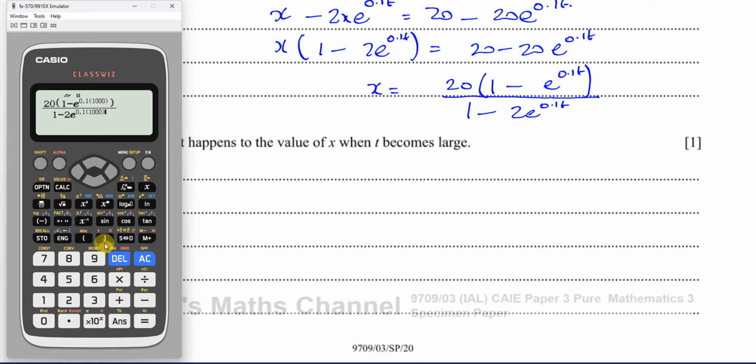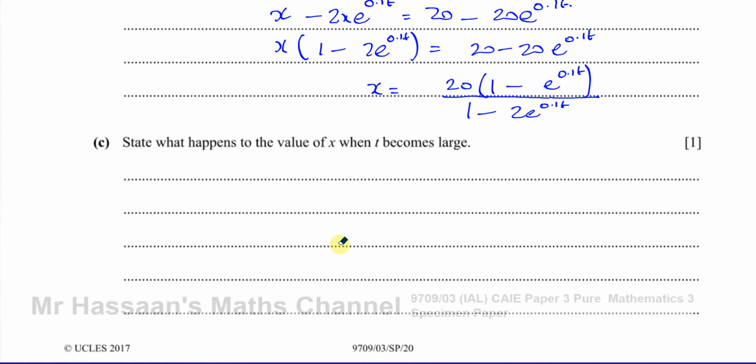That should give us the value this expression approaches when t becomes large. As you can see, it approaches 10. So as t becomes very large, x approaches 10.